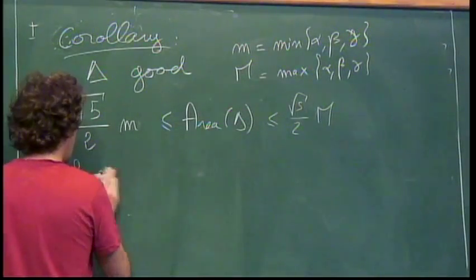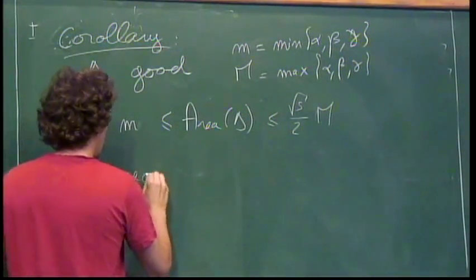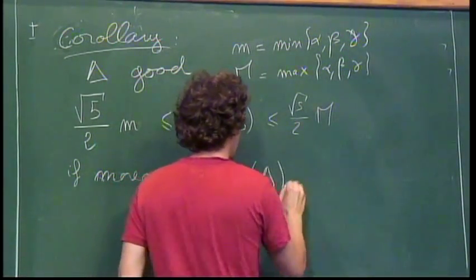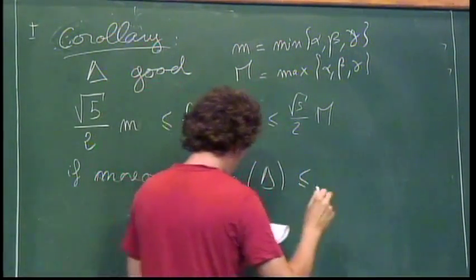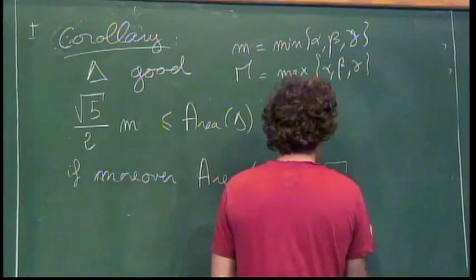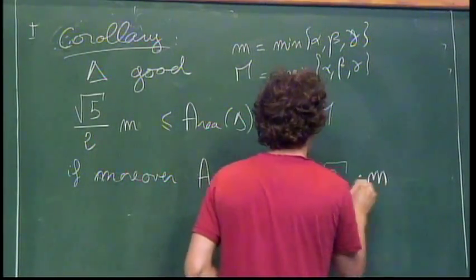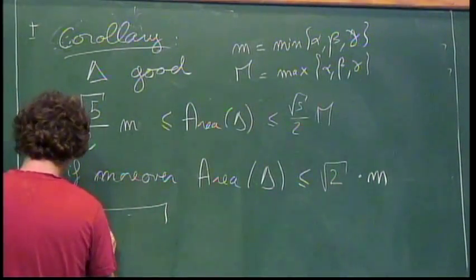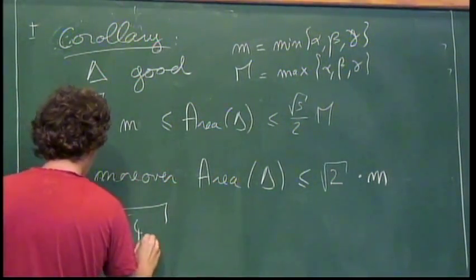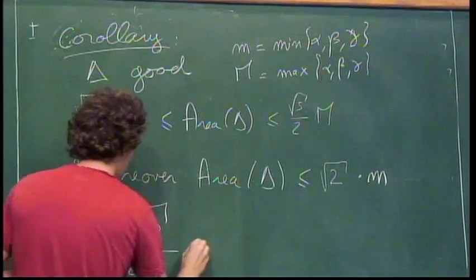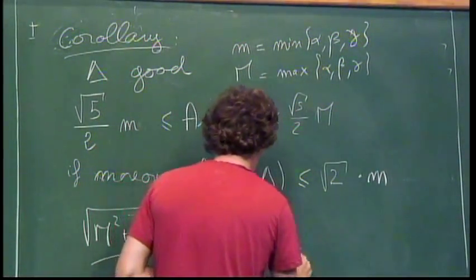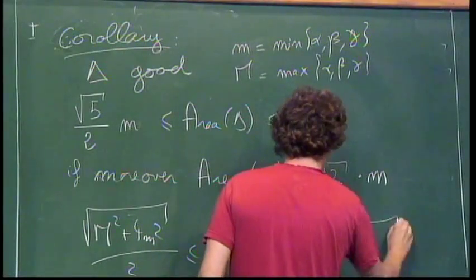Moreover, if the area of delta is not far from being this, square root of 2 times m, then you have a better formula, which is square root of m squared over 2, area of delta. And the same thing when you replace big M with small m on the other side.